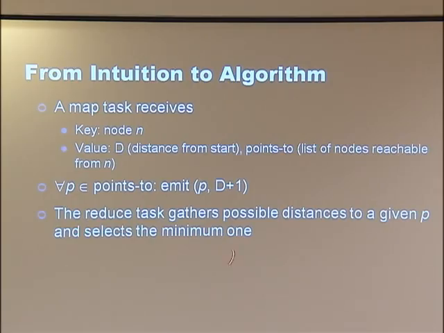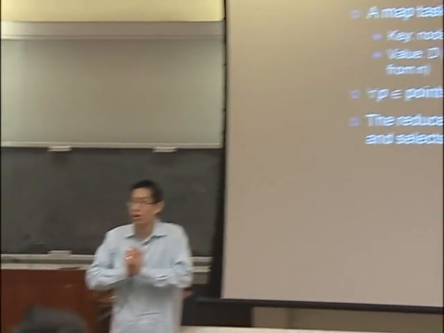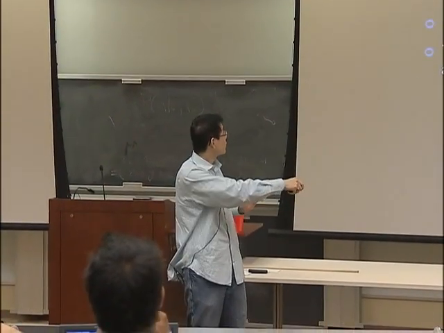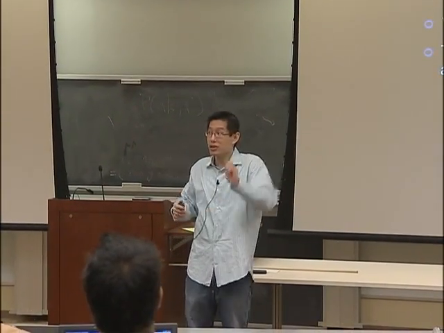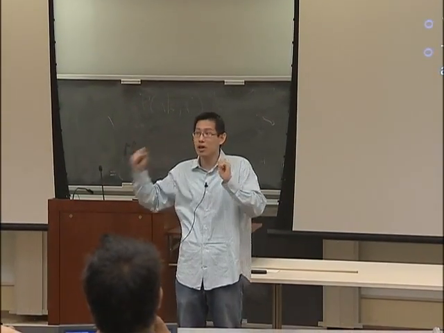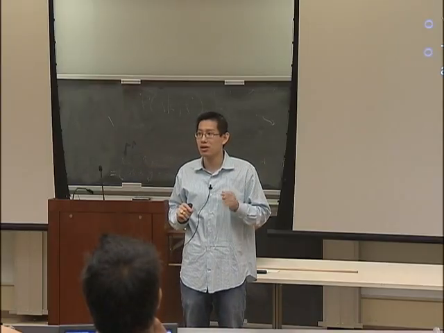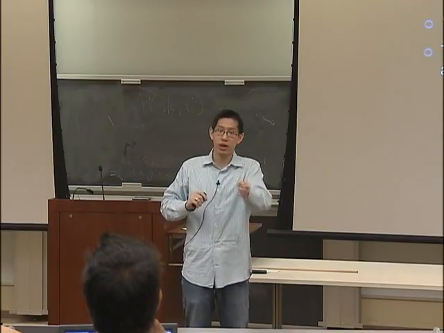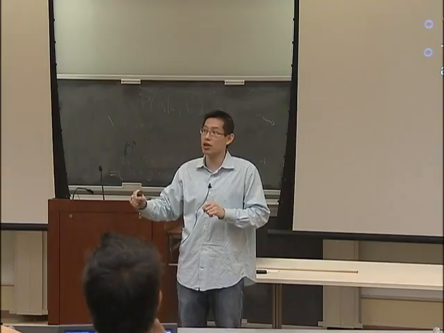Okay, so what happens in the reduce stage is that, remember, all the values of the same key are brought together. So at the reduce stage, you essentially have all the costs of getting to node P. Everybody says, I can get to P with this cost, I can get to P with this cost.